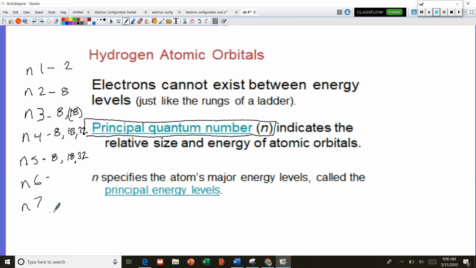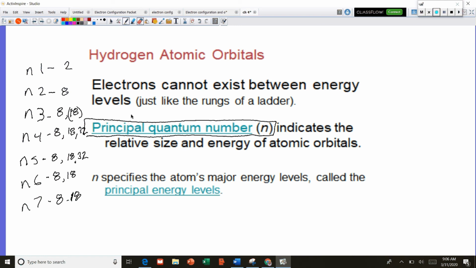Now, when we go to period 6 it can have 8 or 18, and period 7 can have 8 or 18. All right. So just know that these numbers kind of shift depending on what's actually happening.